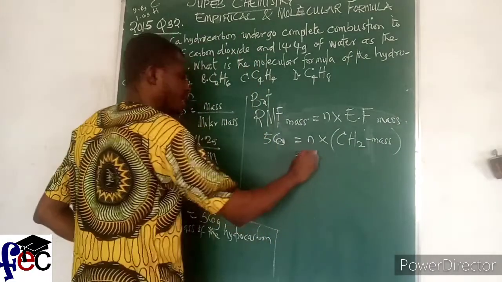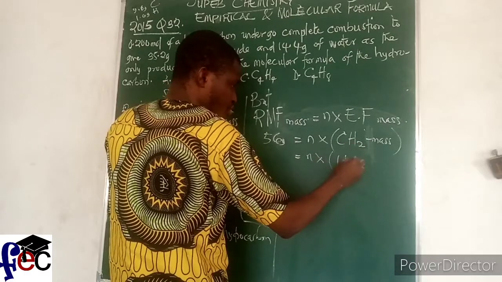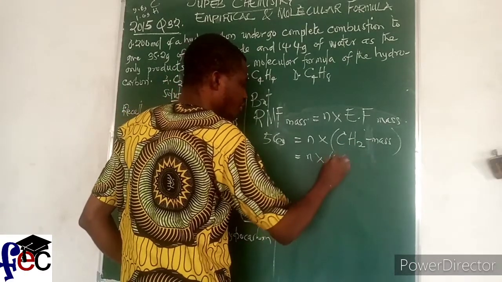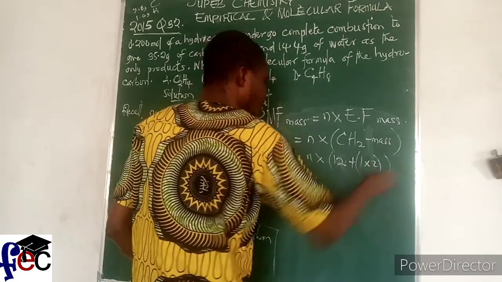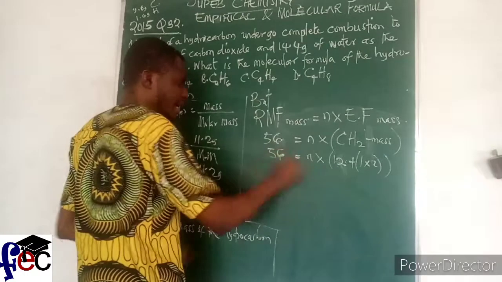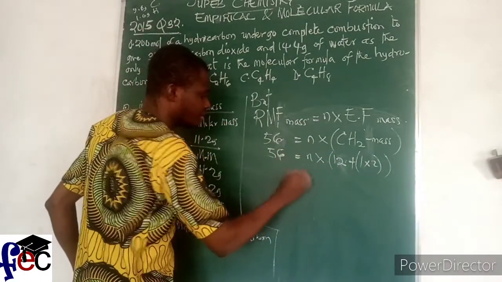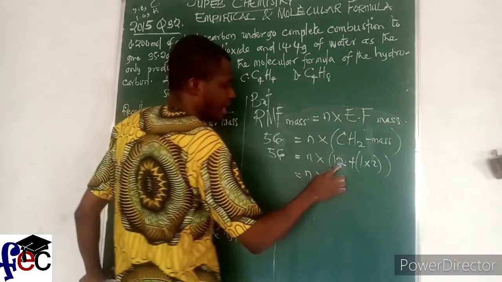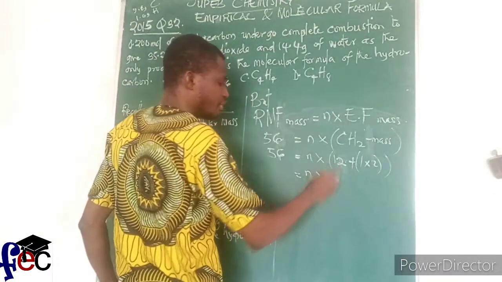So how do we get that? Carbon is 12. Hydrogen is 1 multiplied by 2. Then I have 56. Ignore the gram now. They are both in grams, but it will still cancel out. So let's deal with the numbers. This will be N multiplied by 12 plus 1 times 2, that's 2. 2 plus 12, is that not 14?